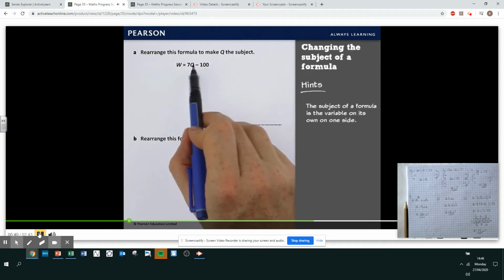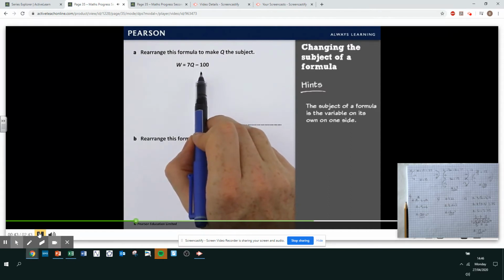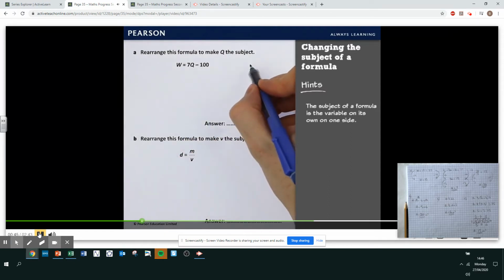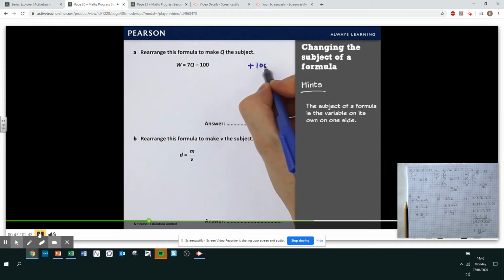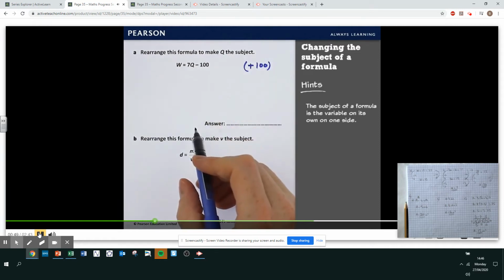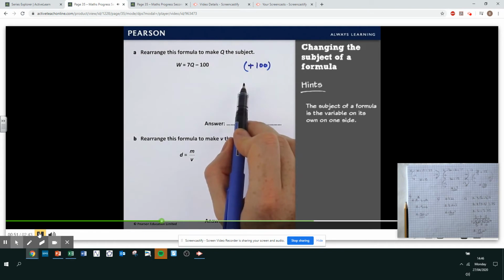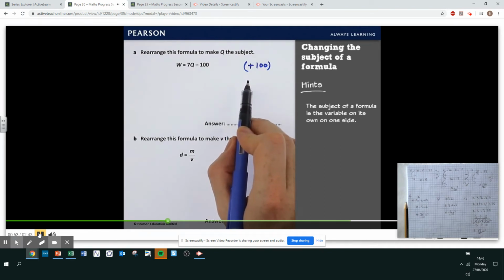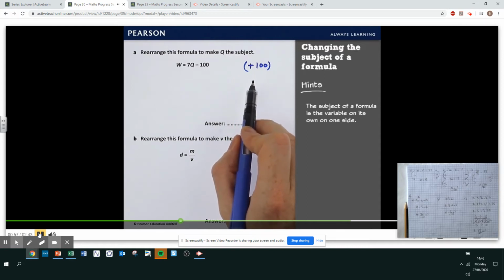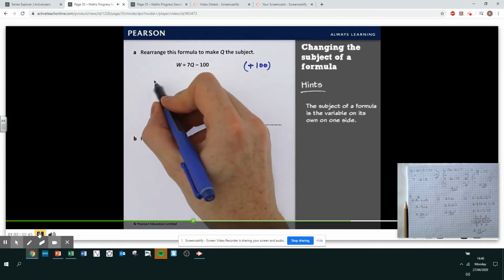Start by getting rid of the minus 100 by adding 100 to both sides. It's a good idea to write down the operation you're using at each stage to keep track of your working. To keep the formula correct, you have to do the same thing to both sides at each step.